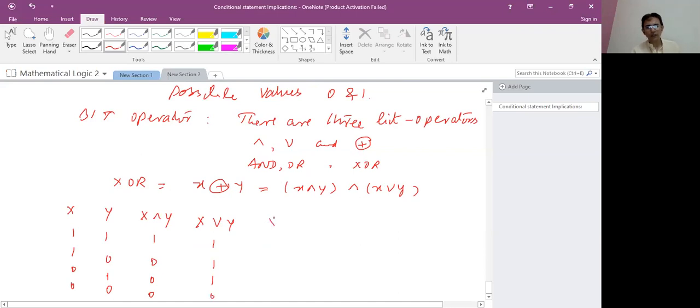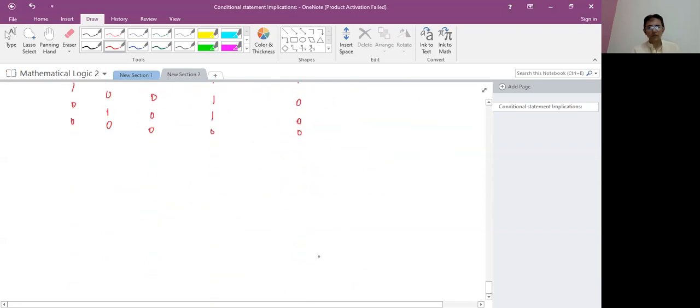When we join together, it means x XOR y. When we combine both columns with the AND operation, 1 and 1 is 1, 1 and 0 is 0, 0 and 1 is 0, and it is 0.